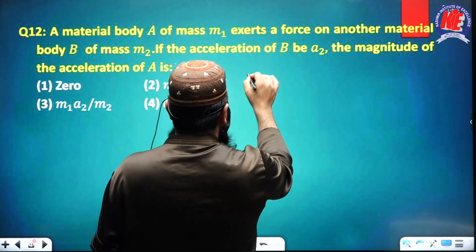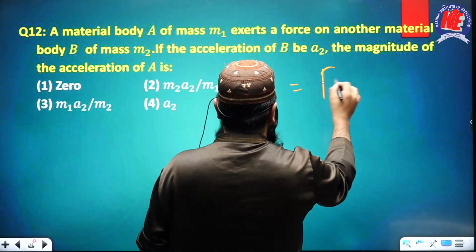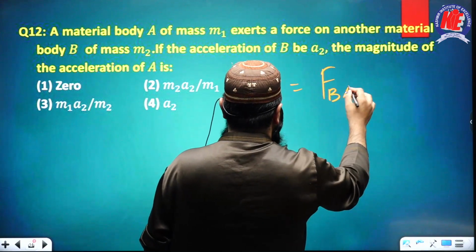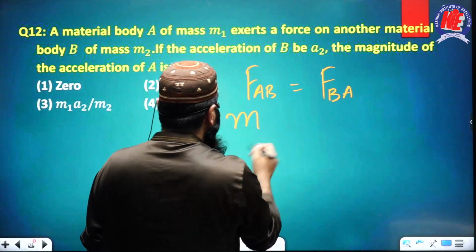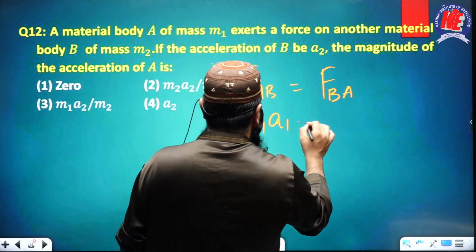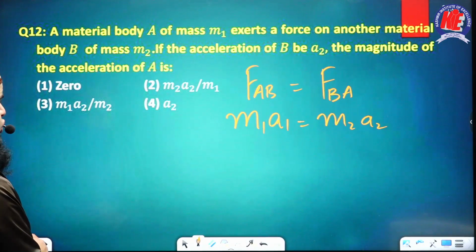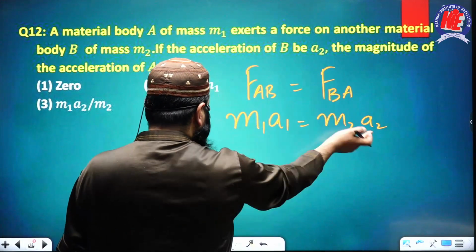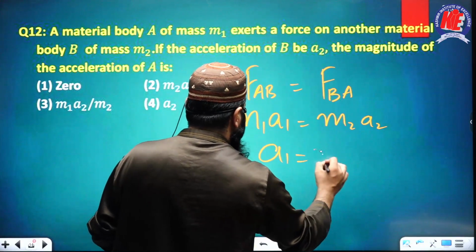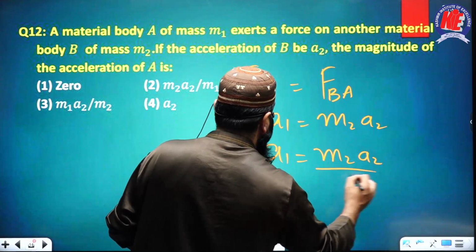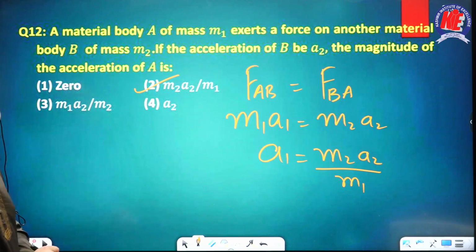So I can say the force on A exerted by B will be the same in magnitude as the force on B exerted by A, or I can say m1 a1 is equal to m2 a2. Now what is the requirement? If the acceleration of B is a2, then the magnitude of acceleration of A, so a1, is the requirement. a1 will be given by m2 a2 divided by m1. Check the options please. m2 a2 divided by m1 is the second option.